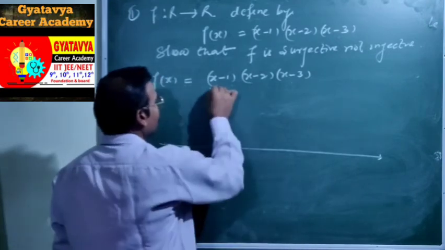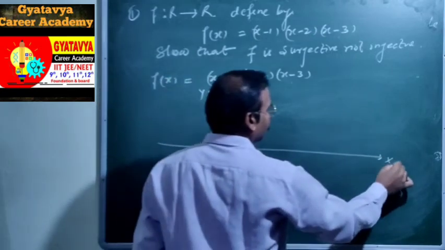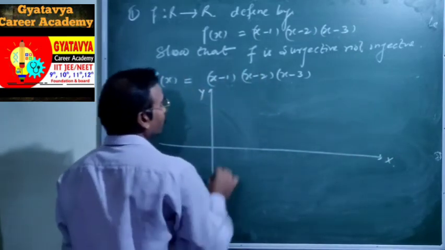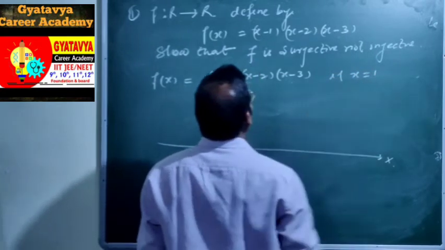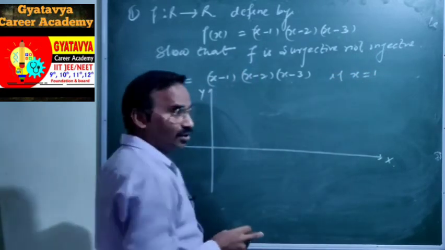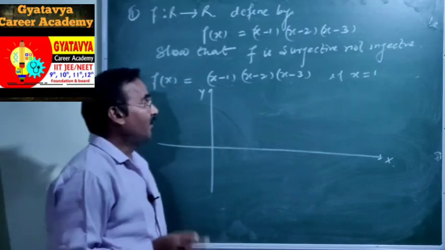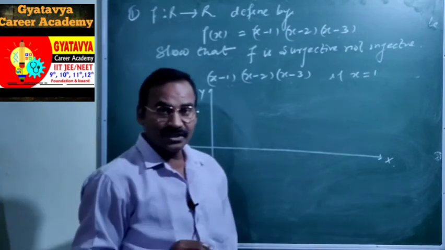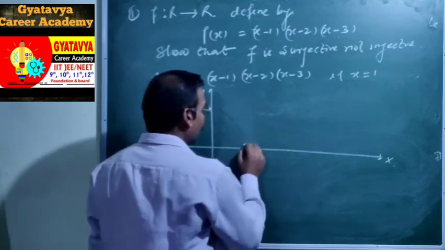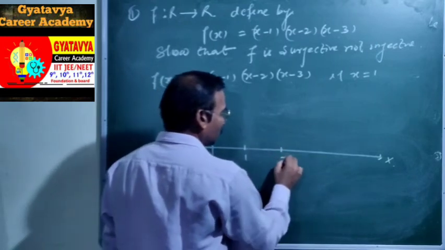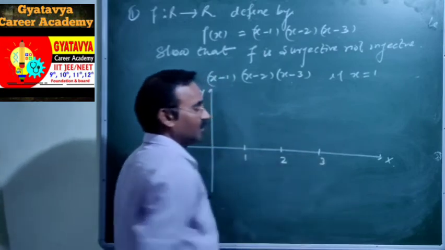This is y, this is x. If x equals 1, then the whole function will be 0. Again, if x equals 2, the whole function is 0. x equal to 3, the whole function is 0. So here 1, here 2, here 3.